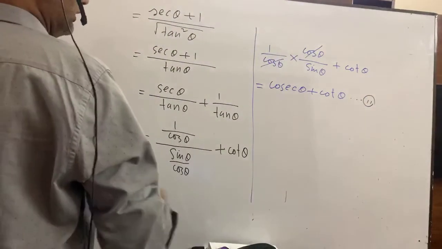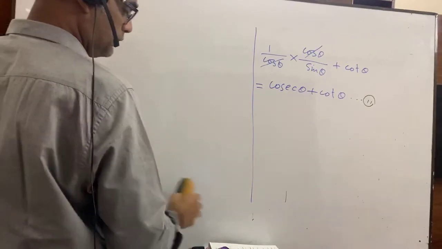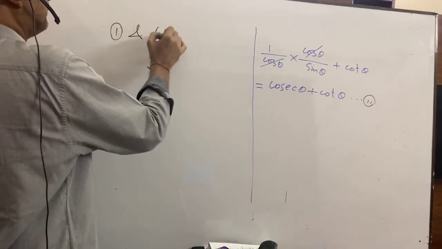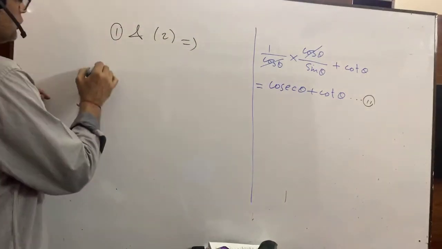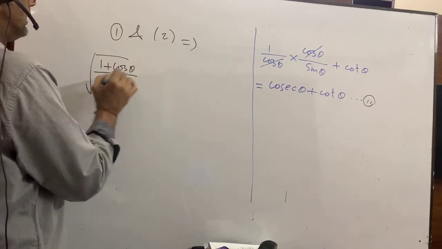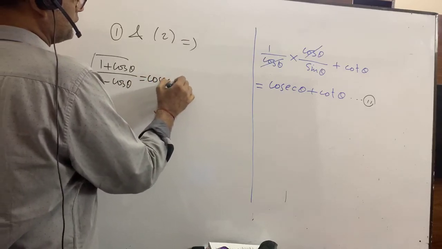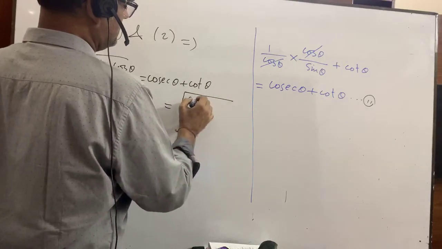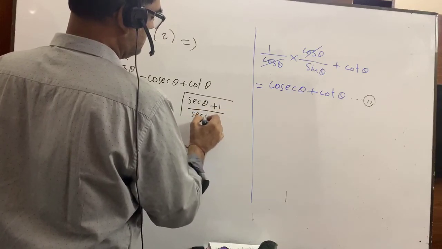Now you see what we have got. From 1 and 2 we can write, please write down: root over 1 plus cos theta by 1 minus cos theta is equal to, everywhere we have got, cosec theta plus cot theta is equal to root over sec theta plus 1 by sec theta minus 1.